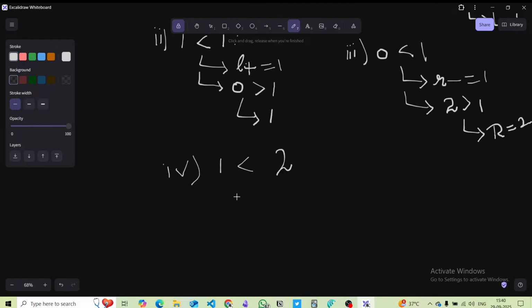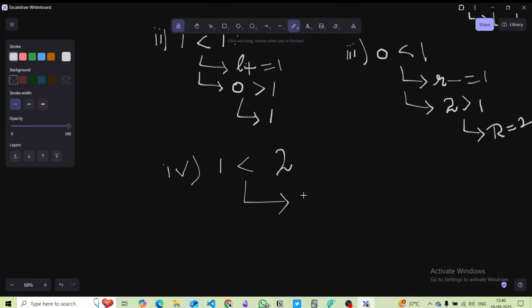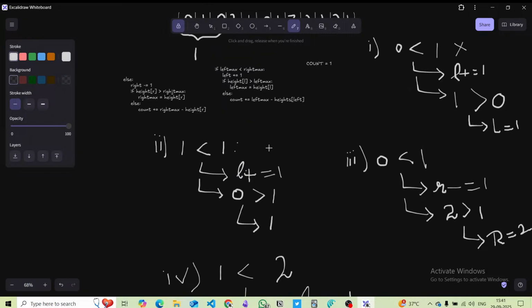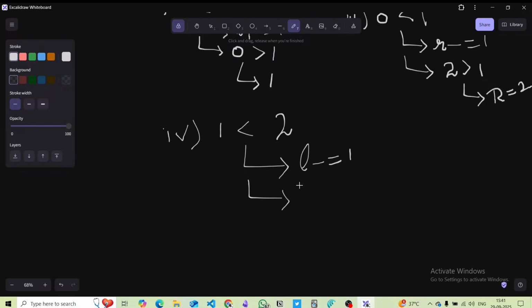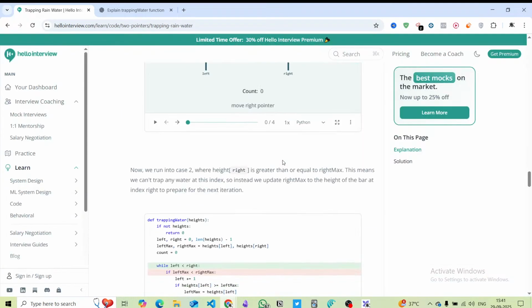So if this condition satisfies, then we just go through the if statement. So we just decrement the left, and then after decrementing, we check whether the height of the left is greater than the left max. If the height is greater than the left max, then we just update the left max, or else we just add it to the count. So we just check this all.